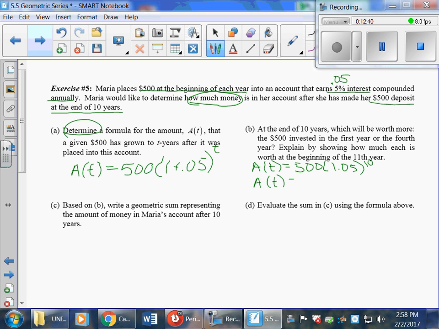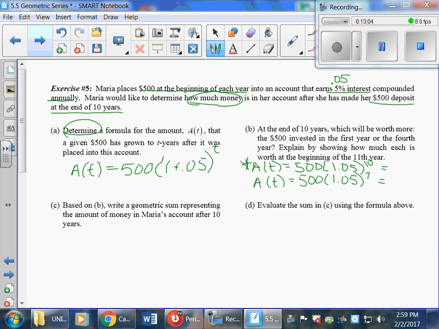And the second one is going to be $500 times 1.05 raised to the 7, because that's only been sitting in that account for 7 years. Now, I'm not going to do the math here, but obviously you can tell that the first one is going to be worth more because it's been sitting in the account gaining interest for an additional 3 years.